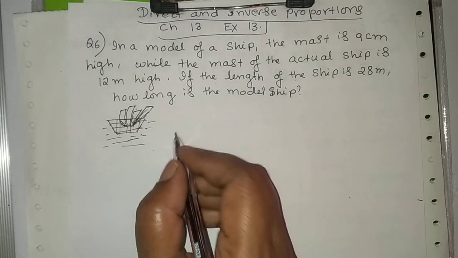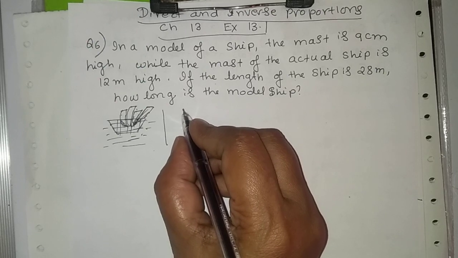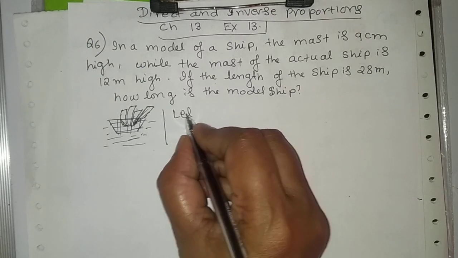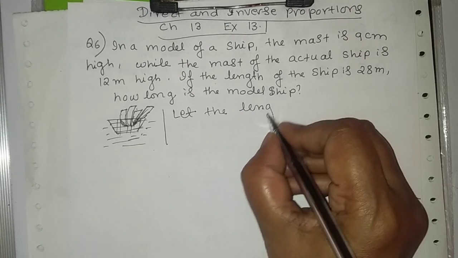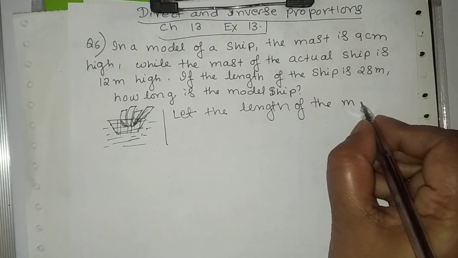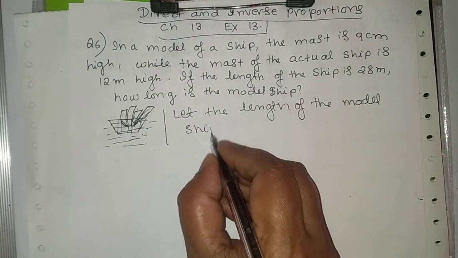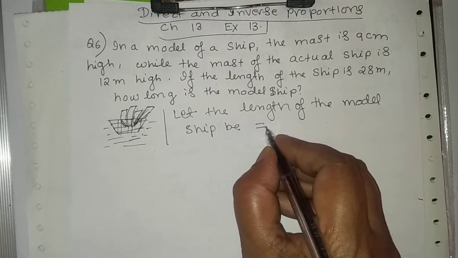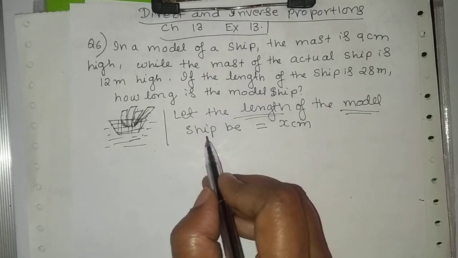So what we have to do first is, let the length of the model ship be x centimeters. So we have to find out the length of the model ship.